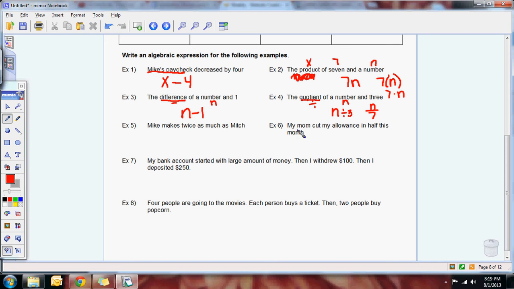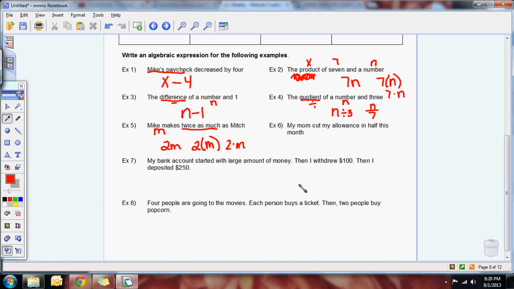All right, number 5. Mike makes twice as much as Mitch. So we need to know how much Mike makes. So Mike, we're going to make him M. Twice as much, that's our key word here, is just times 2. So you can do this a couple different ways. 2m would work, or like we did before, 2 times m.